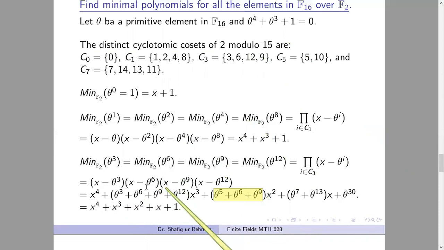That's why I have changed minus to plus here. And this is also 1. It will be a very good exercise to show that this equals 1, this equals 1, and also this equals 1. So these 4 elements have this minimal polynomial of degree 4.